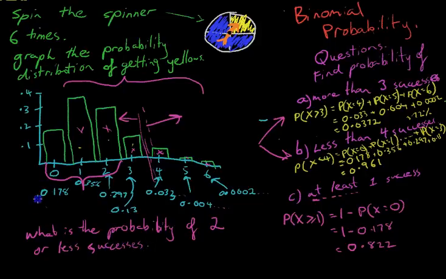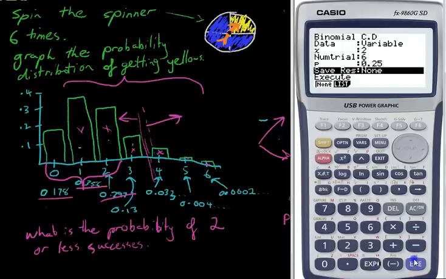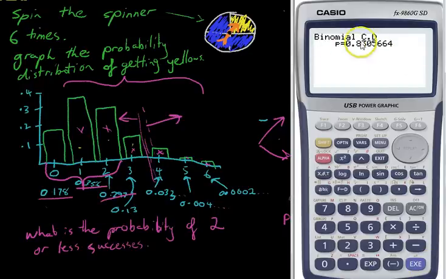And you can see if you do 0.178 plus 0.356 plus 0.297, you should get something very, very close to 0.830, which is the probability of getting 2 or less successes.